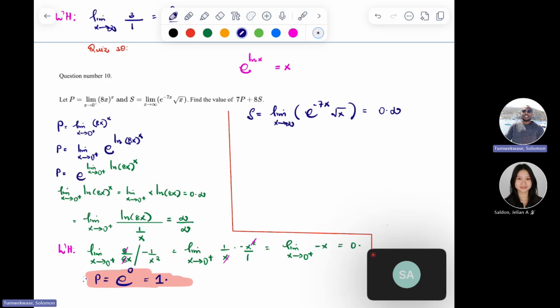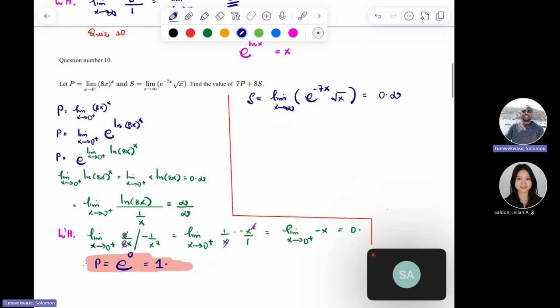And this is a form we said that when you have a form like this, then you have to rewrite your function in such a way that when I take the limit of that function, I get an indeterminate form. And therefore, I'm going to rewrite this as limit as x approaches infinity of e to the negative 7x. So that remains on top.